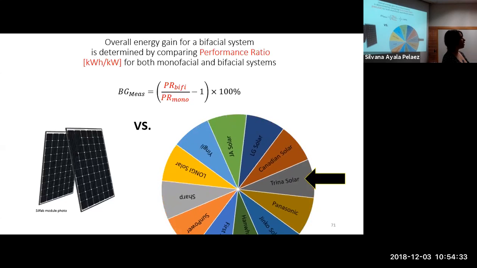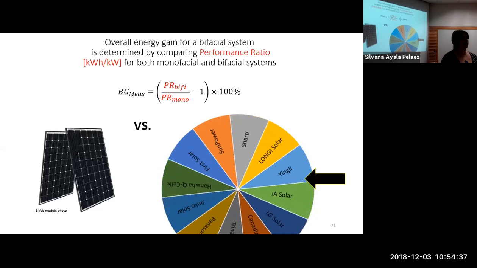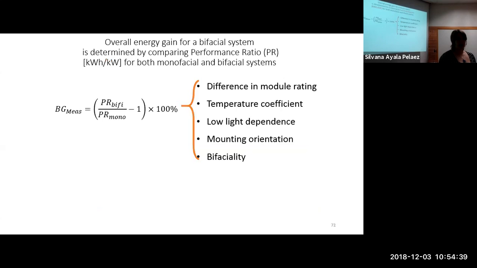Because depending on the technology and the panel, a lot of things go into that performance and output: different temperature coefficients, different low light dependence, which is very important, and how we mount them, some have frames, some don't. All of that is besides the bifaciality, the fact that our panel accepts light from both sides. We care about the bifaciality because we're modeling irradiance.